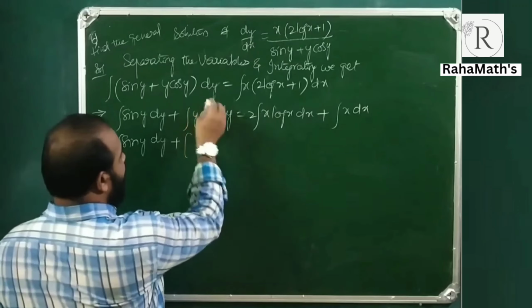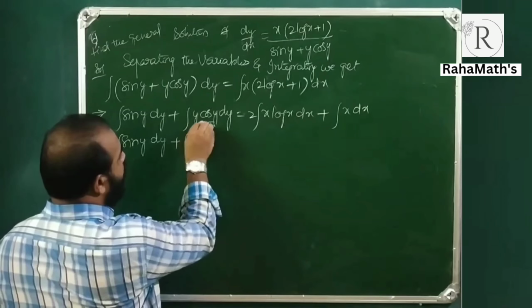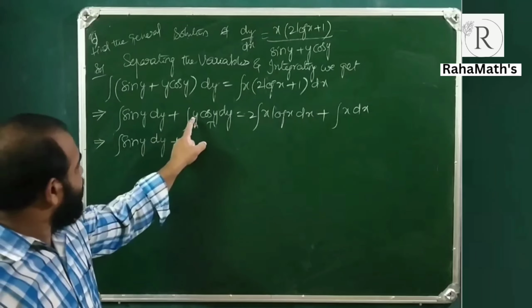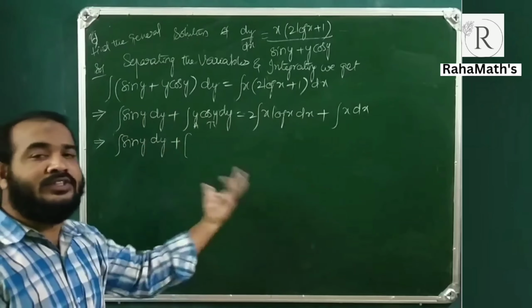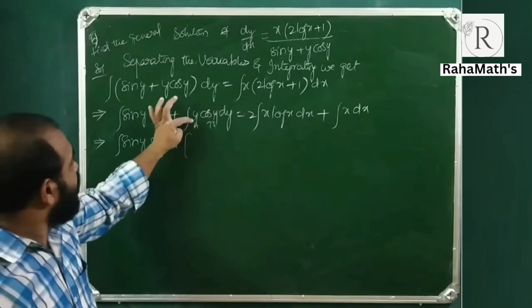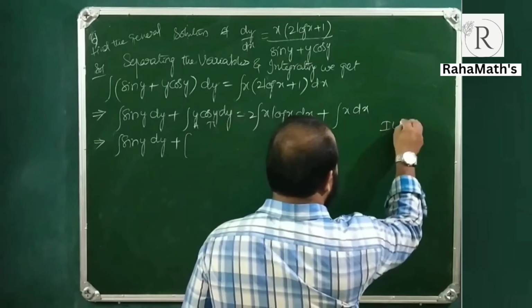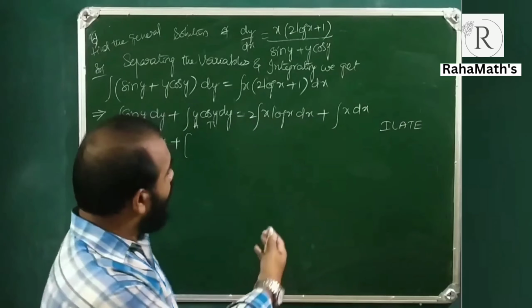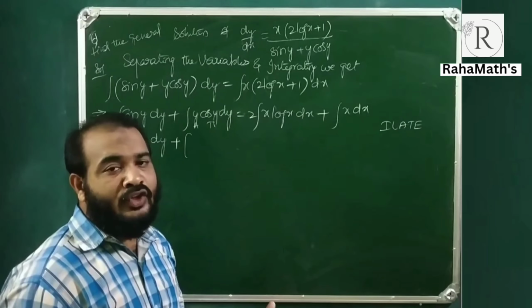Here this is a trigonometric function and this is an algebraic function. So this is nothing but x cos x type, only the variable has been changed to y. So this is an algebraic function, this is a trigonometric function. Whenever we come across a product of two functions, then the by parts method is to be used.